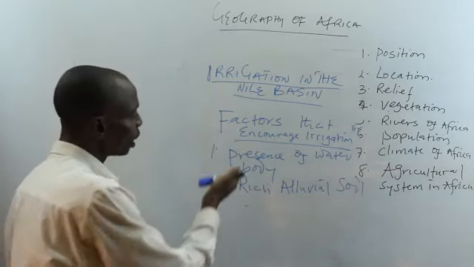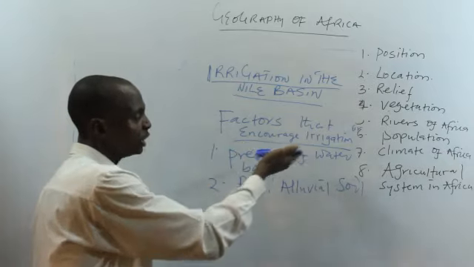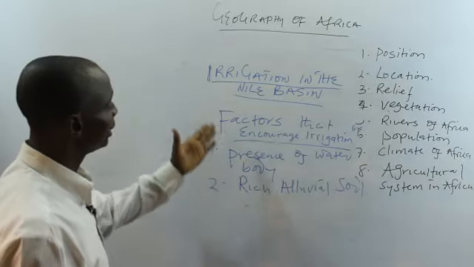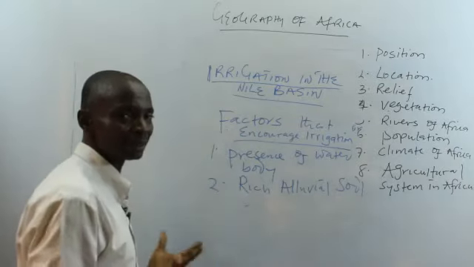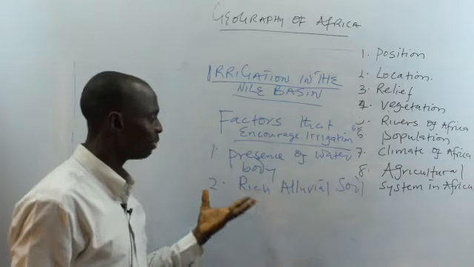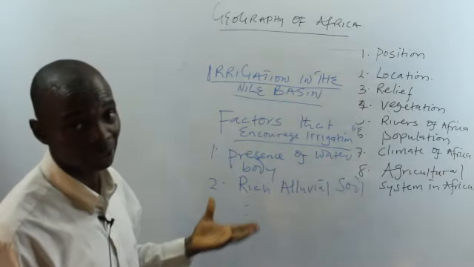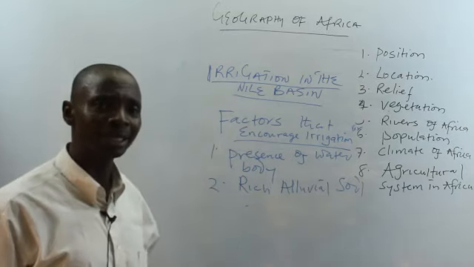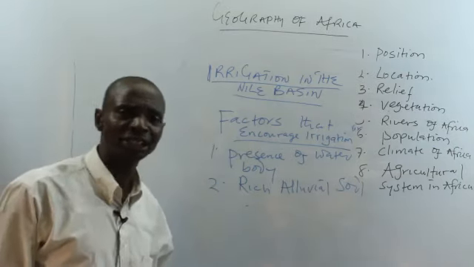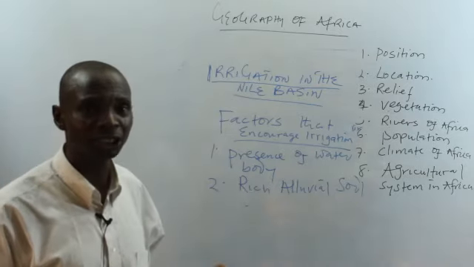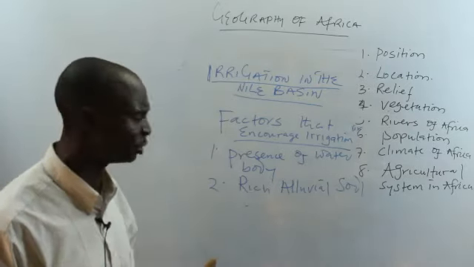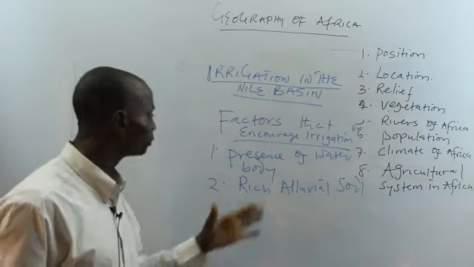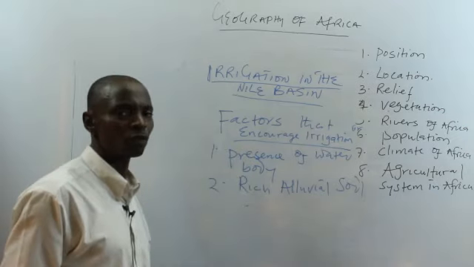What we are saying is that we are looking at factors that encourage irrigation. Number one, presence of water bodies. Since irrigation is the artificial watering of plants, before a farmer can embark on any type of irrigation we have mentioned, it can be shadow irrigation, bucket irrigation, perennial irrigation, pump irrigation, or spring irrigation, there must be presence of water.